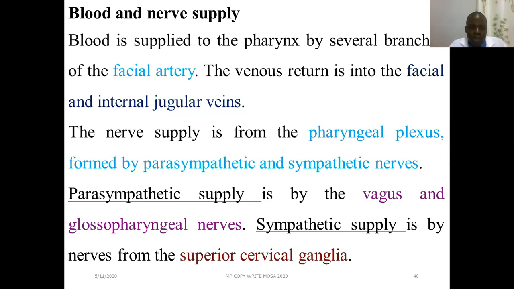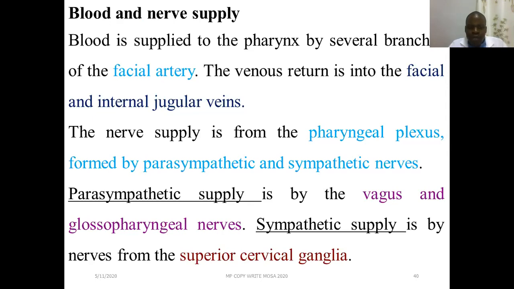Let us look at parasympathetic supply. It's by the vagus and the glossopharyngeal nerves. Then sympathetic supply is by nerves from the superior cervical ganglia.